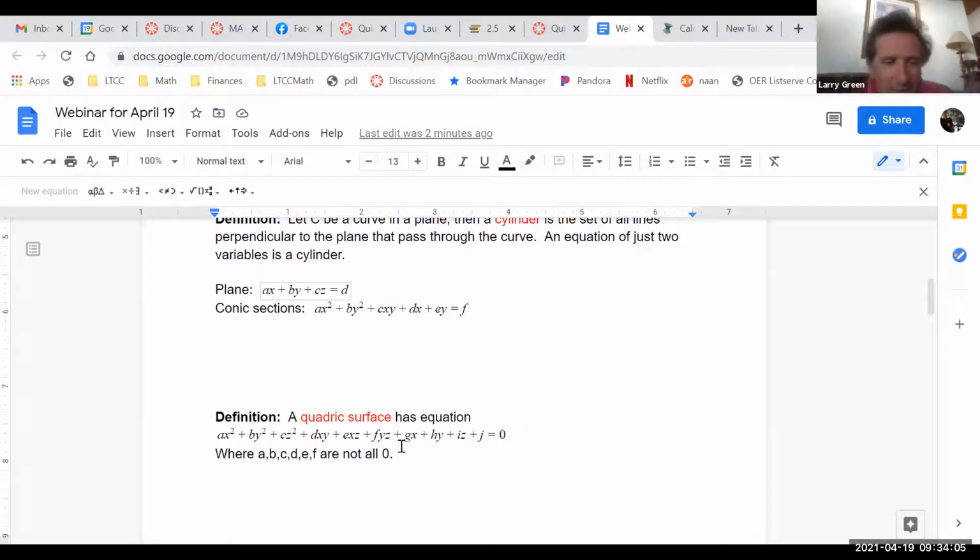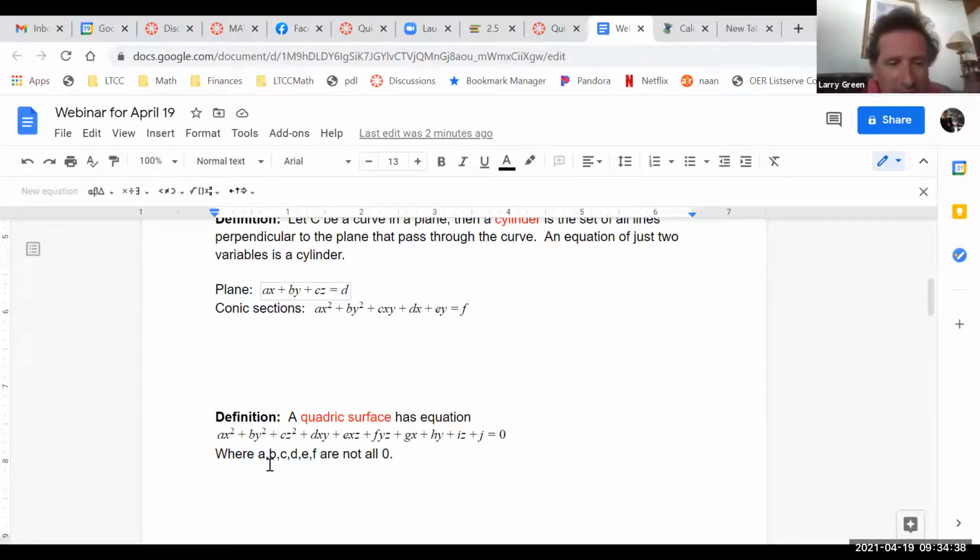Okay, so here's our definition. A quadric surface. It's kind of like quadratic, but we call it quadric. Has equation ax squared plus by squared plus cz squared, so we're adding a z component, plus dxy plus exz plus fyz plus gx plus hy plus iz plus j equals 0.